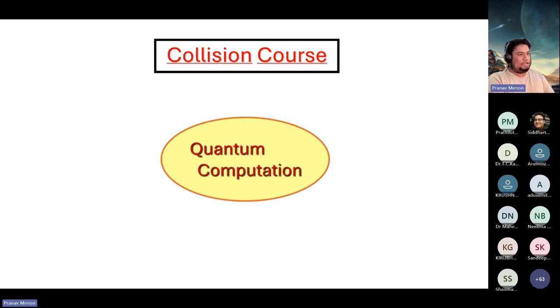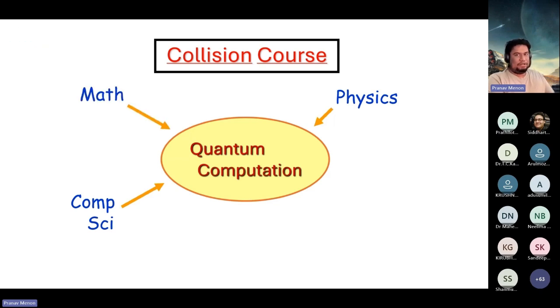And like I said, because it's in the quantum realm, there are other factors that come into play in a quantum computational environment. Computer science is obviously there, and then it's also governed by the principles of physics, because it's quantum mechanics that drives it.